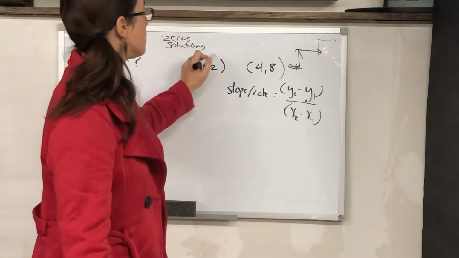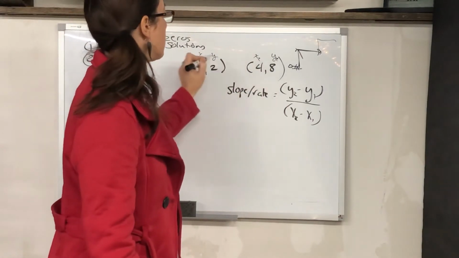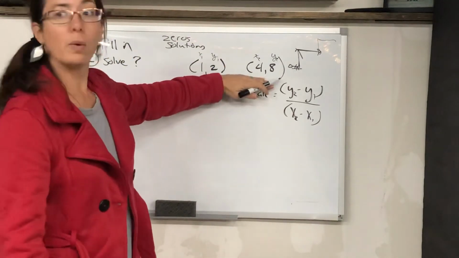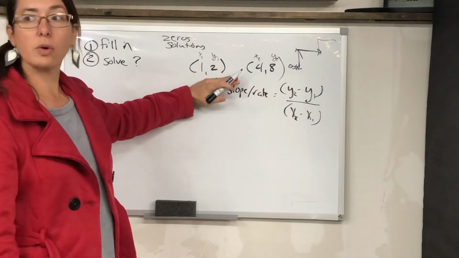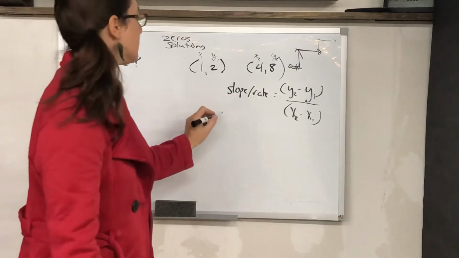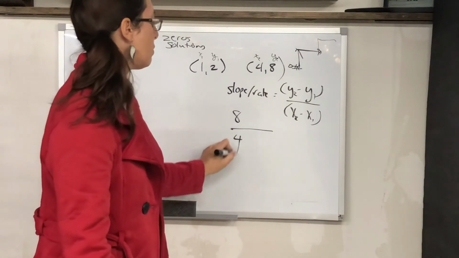So in this case, if you need to mark your coordinates, absolutely do so. Okay? Remember, whatever one you choose to be your coordinate 1 needs to stay coordinate 1. Whatever one you choose to be coordinate 2 needs to stay coordinate 2. So in this case, coordinate 2 is going to be my 8 for my Y and my 4.